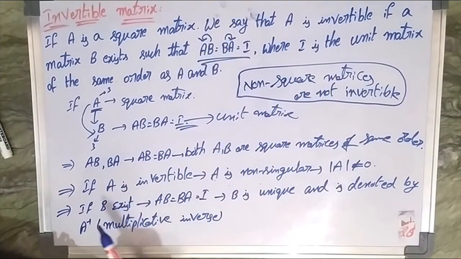So if B exists with AB equal to BA equal to I, then B is the inverse of A.